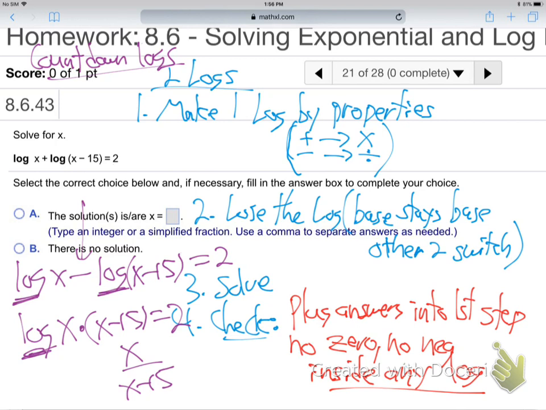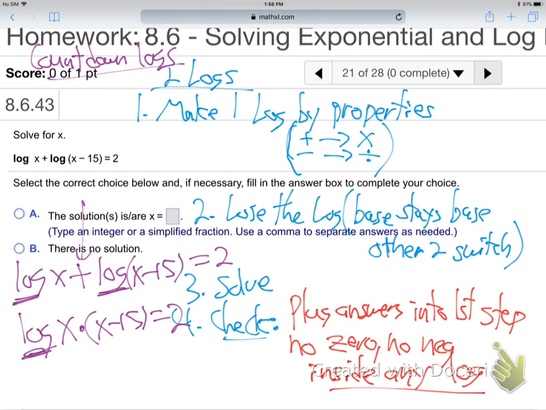They both make things smaller. Adding goes with multiplying. They both make things bigger. So adding 2 logs means multiplying within 1 log. Okay, so 2 logs, 1 log, next line, no log. I think that'll help you remember the flow on a test. 2 logs, 1 log, no log.